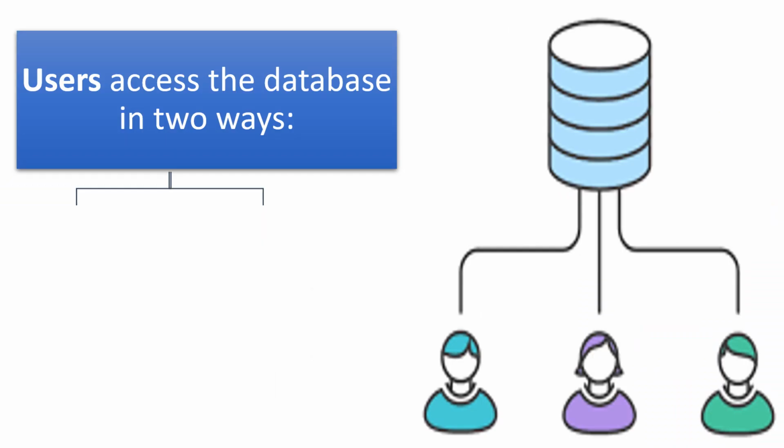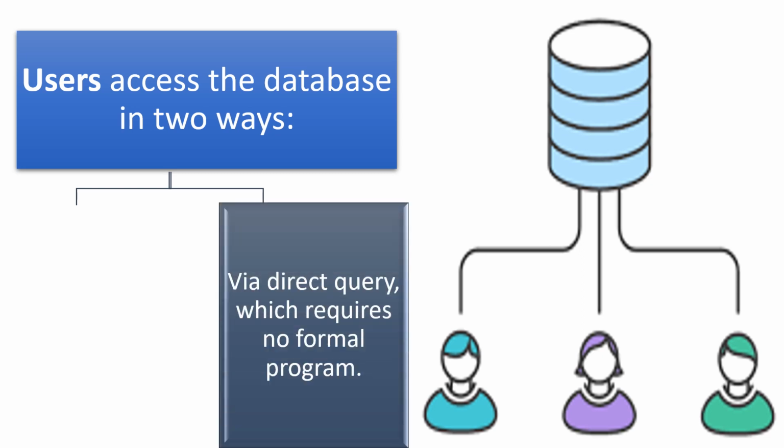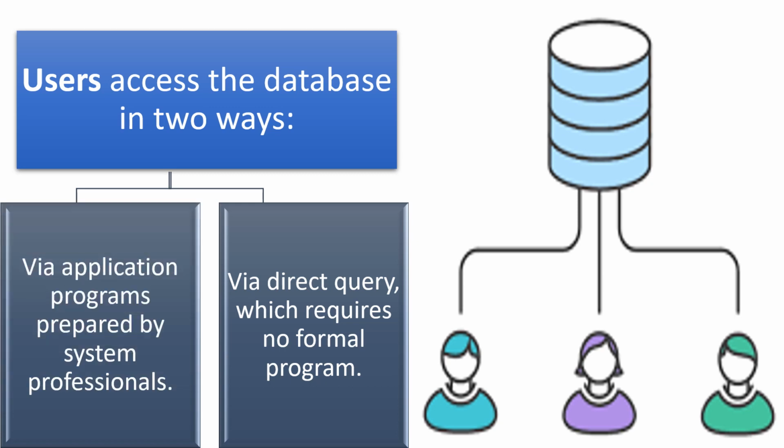Okay, let's have a look at each one of the elements of the database environment. First, users. Users can access the database in two ways. One is direct, via direct inquiry, which requires no formal programs, or via application programs prepared by system professionals.